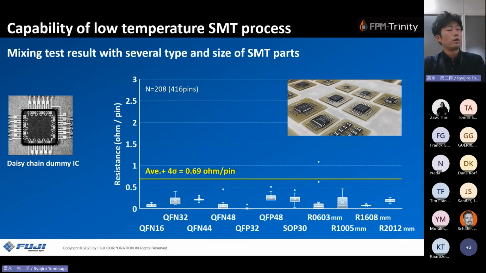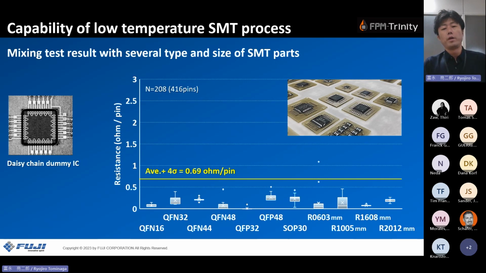So this is the result we have. For that testing, we are using a dummy IC chip and a chip resistor, which have a daisy chain structure inside to check the electrical connection for every pin. QFN IC, SOP, QFP and passive components, we check them together on one board.